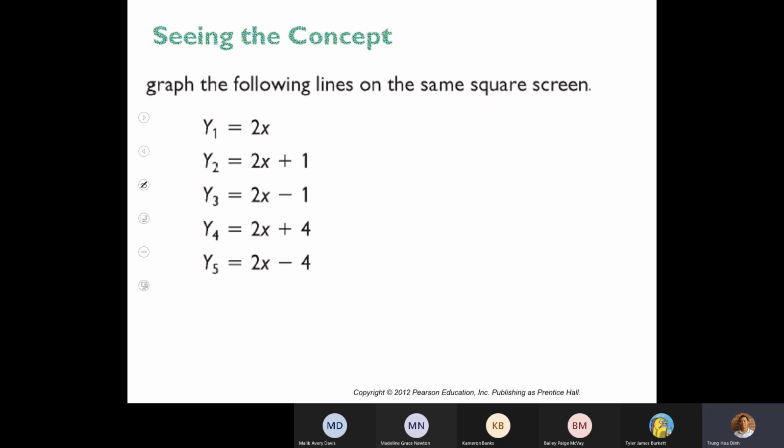Now they give you the same slope, but different y-intercepts. You can see a very interesting feature here. Actually, when straight lines have the same slope, they are parallel.